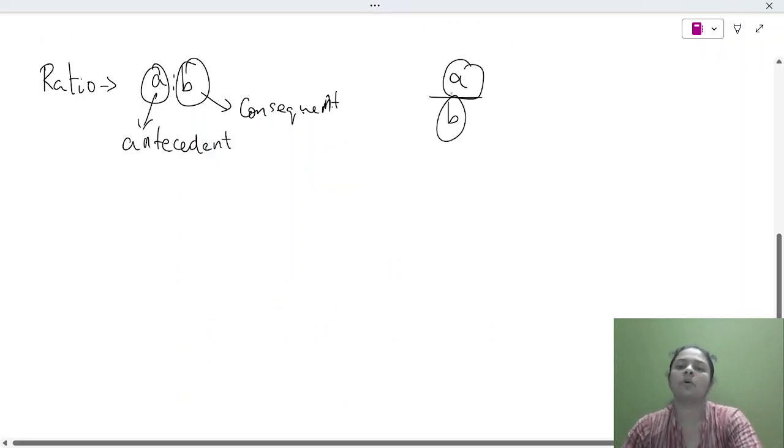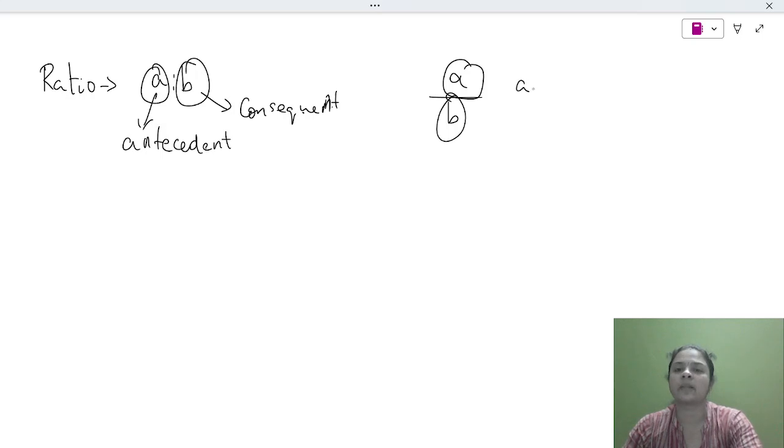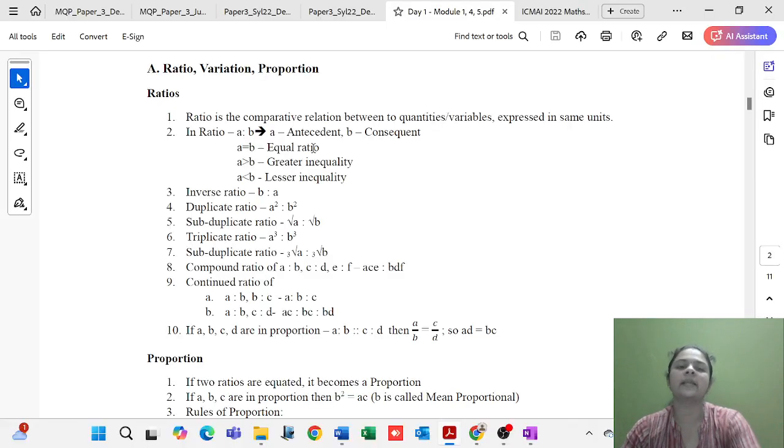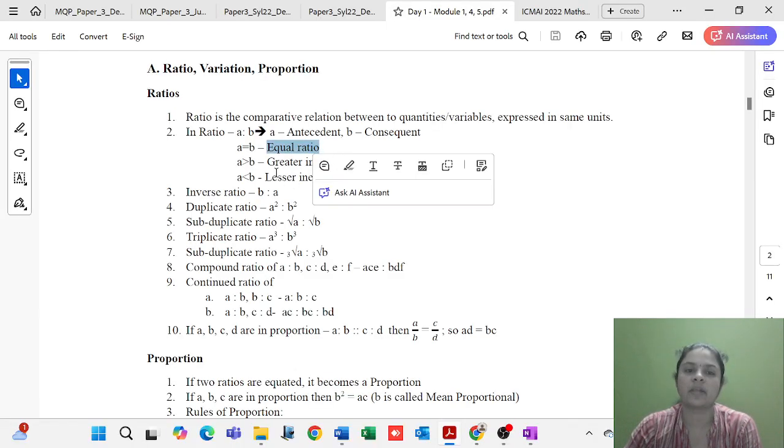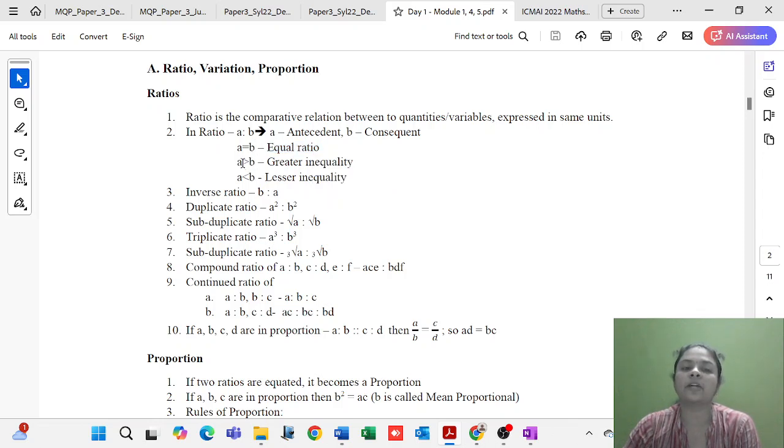Now when both are equal, then it is called an equal ratio. Whereas when the numerator or the antecedent is greater, then it is called a ratio of greater inequality. And when the denominator or the consequent is greater or the antecedent is lesser, then it is called the lesser inequality.